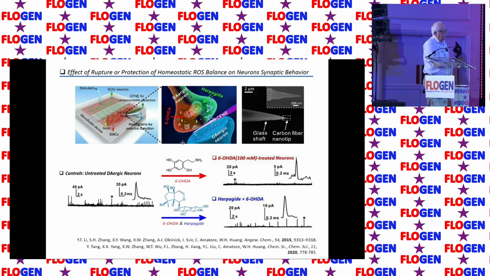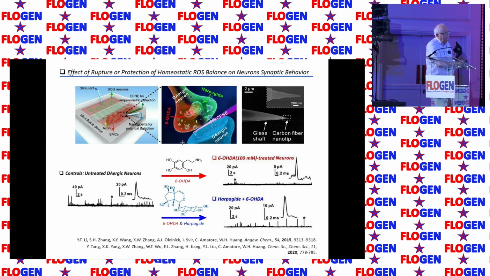So on the control, you see the normal behavior of a synapse. The neuron is stimulated and sends dopamine, adrenaline, into the cleft, and this is detected by the electrode. Each of these bars is one burst of adrenaline that has been released. If now you put 6-hydroxydopamine, you see that the neuron becomes sick and cannot release. It releases only a very, very small amount of dopamine.